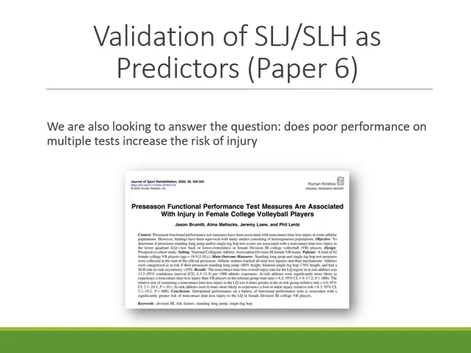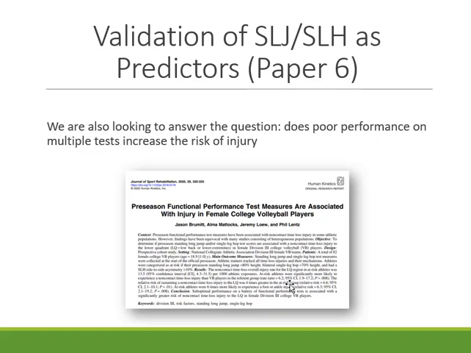Paper number 6 was a validation, or looking to validate, my previous paper. So remember this one here where we talked about having poor performance on the standing long jump, the single leg hop, and that asymmetry in the single leg hop. Well, these types of studies need to be validated because one thing that I've found in this area is sometimes people will report an initial association and everybody gets excited about it and says, okay, that's the next big test we need to do.